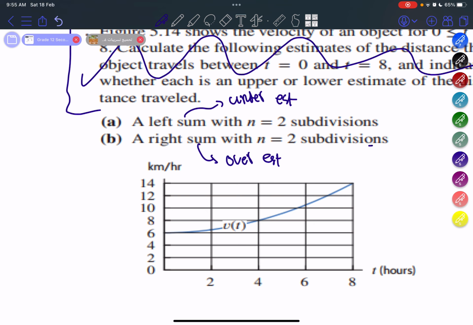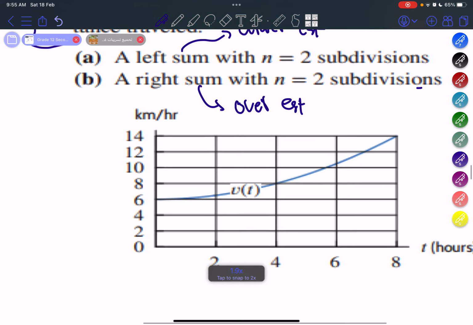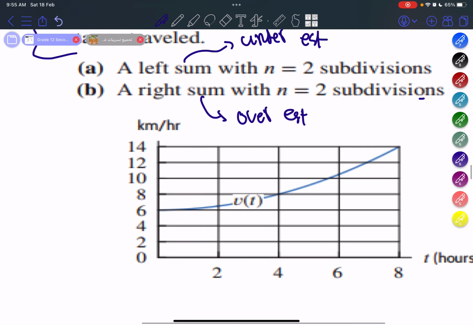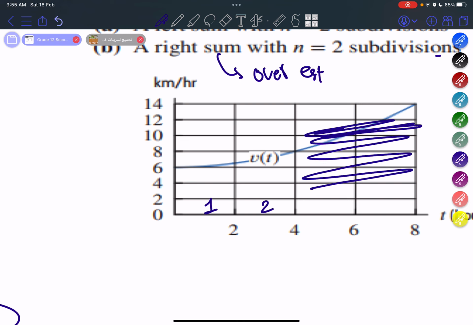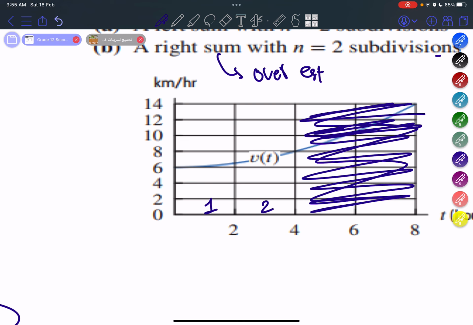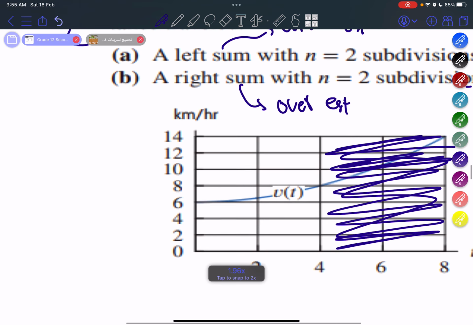Okay, if we start with the left sum here, they want two rectangles, so this is our first and this is our second. Anything after that, we don't need. We just need our first two rectangles here. We'll start with 6, and this will be our first point from 6 to, let's say, 6.1, and then from 6.1 to 8.